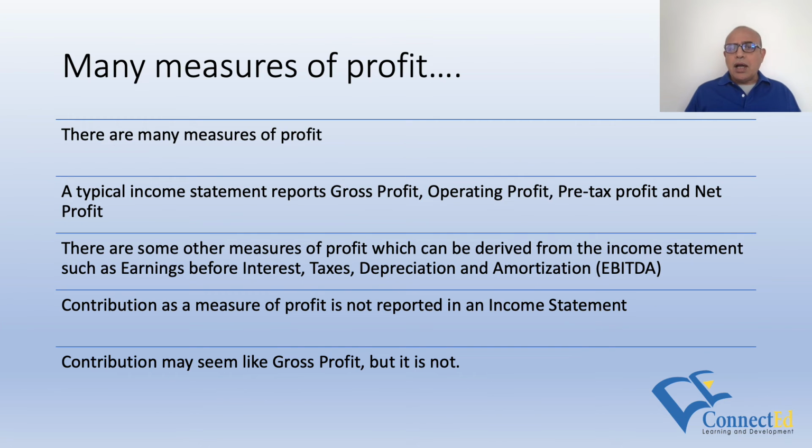So, as I explained at the beginning of the lesson, there are many different measurements of profit, and think of contribution as one of them. And as I said, this information about contribution is not publicly available. Of course, analysts can try and estimate it, but inside the company, product-wise, business unit-wise, you can get this measurement of contribution.